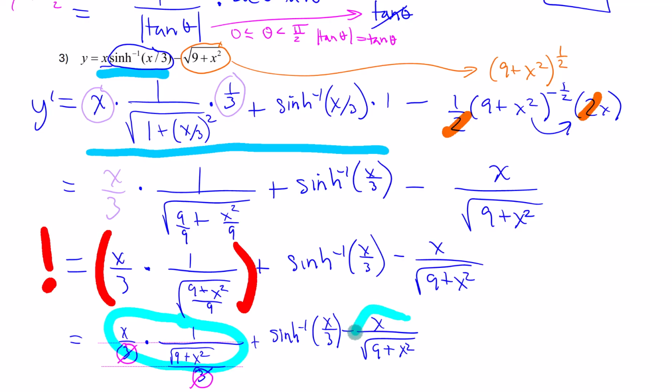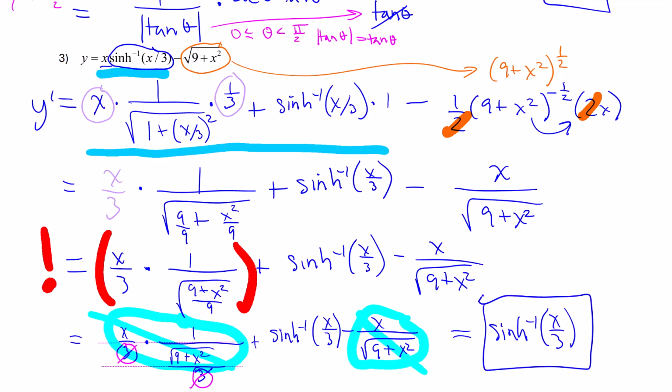That's exactly what our last term is, except the last one is negative. So those completely cancel, which leaves us only with what we had in the middle, which is simply sine hyperbolic inverse of x over 3. Everything else cancels, which means that is our final result.